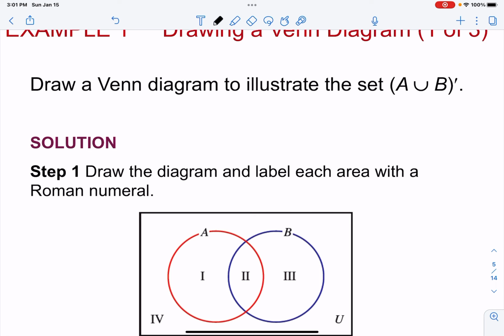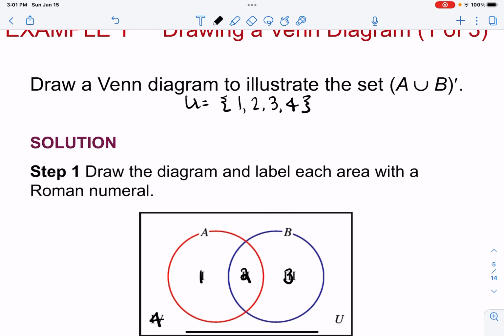This is the way that we go through this: I go ahead and write it out. So I'm going to write out that the universal set is, and I don't use Roman numerals because that's just too much work, I just use regular numbers. So I say 1, 2, 3, and 4.